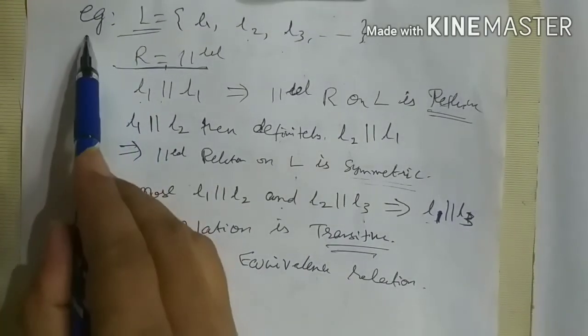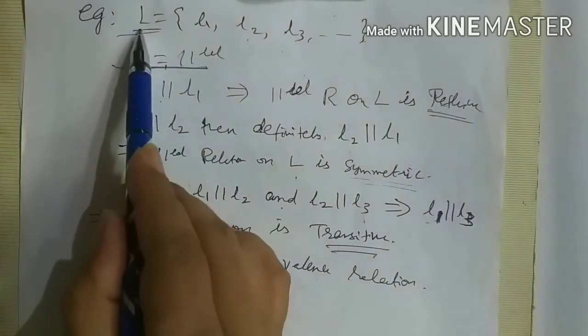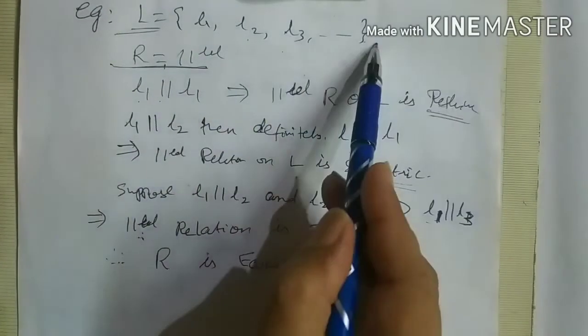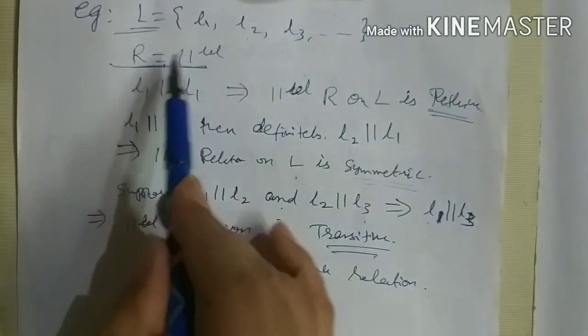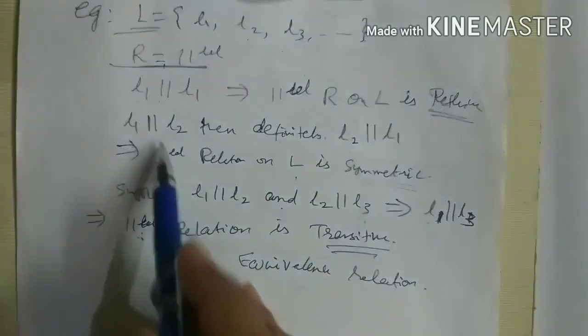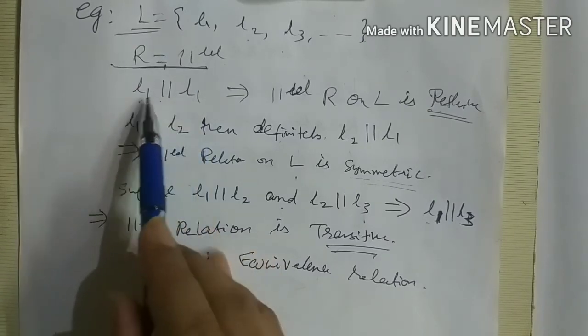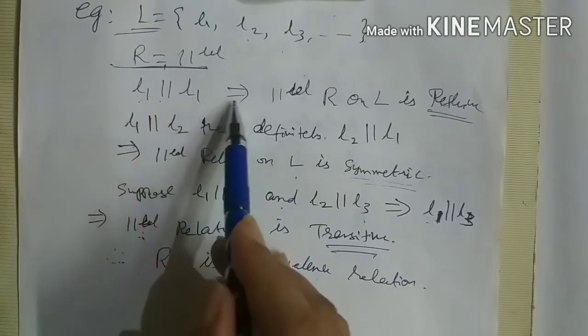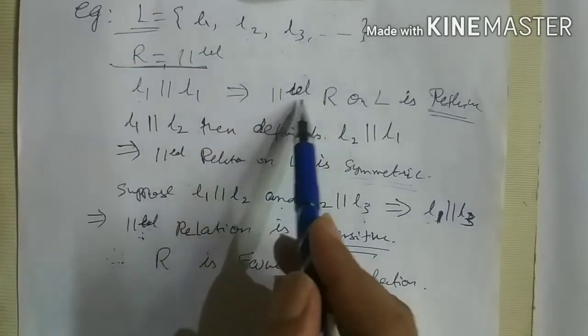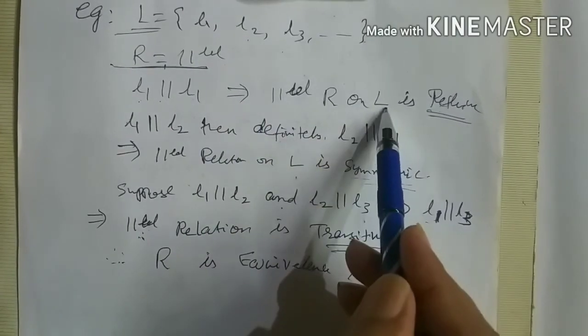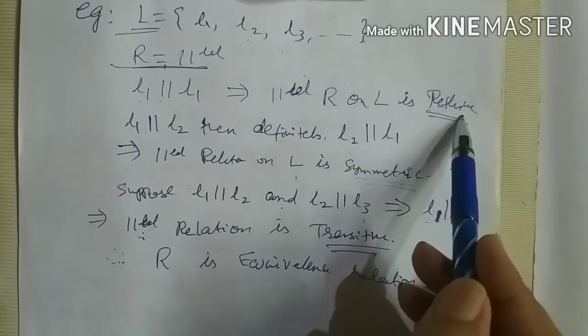Let us consider an example. Let us consider the set of lines L1, L2, L3, etc., and the relation parallel. We know that every line is parallel to itself, so L1 is parallel to L1. That implies that the parallel relation on L is reflexive.